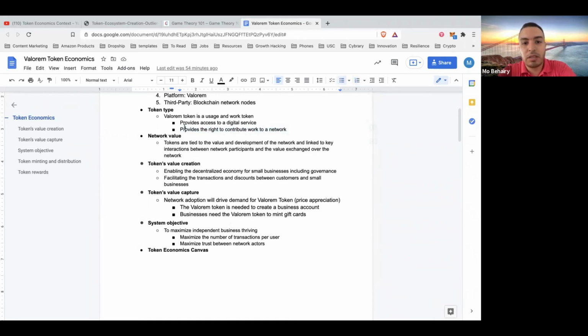Maybe it provides the right to contribute work to the network. So in this case, if restaurants have to stake 100 tokens just to be a restaurant on the network, they can only get the right to contribute work to the network through this token. And consumers, going back to the first point, can buy this service through the token as well.